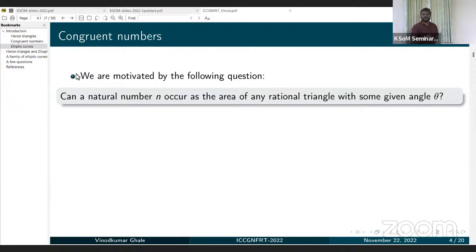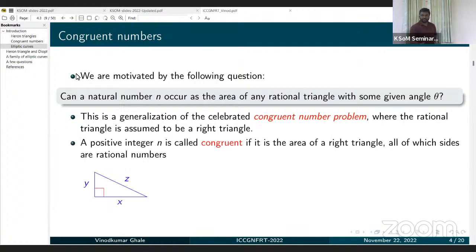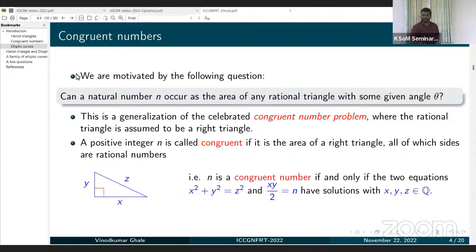Given some angle theta, can a natural number occur as the area of a rational triangle? In the literature, this is the generalization of the congruent number problem, where we assume theta to be 90 degrees. So this was the definition of a congruent number: it occurs as the area of a rational right angle triangle, and it was equivalent to the Diophantine equations x square plus y square equals z square and xy by 2 is equal to n.